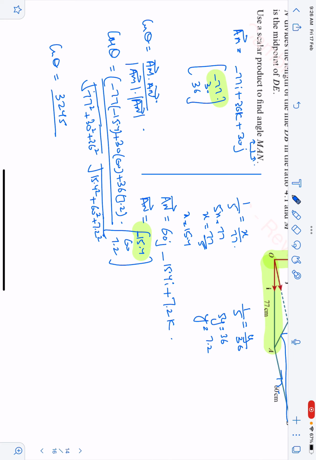This is coming out to be 90.138, multiplied by the magnitude of 15.4 squared plus 60 squared plus 7.2 squared, which is 3889.